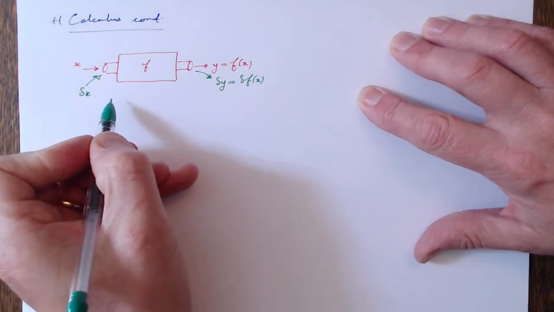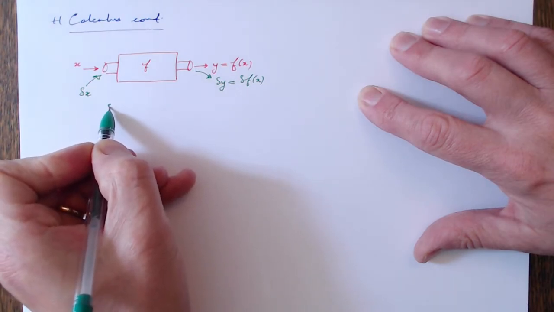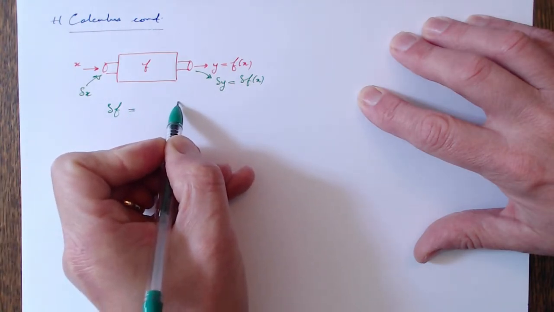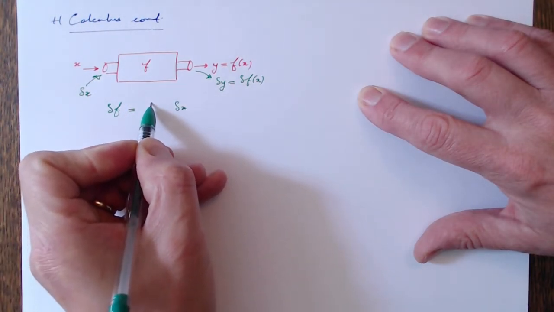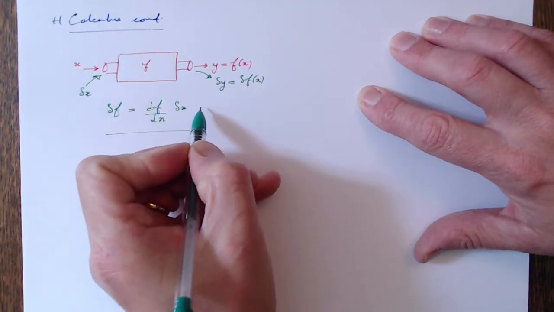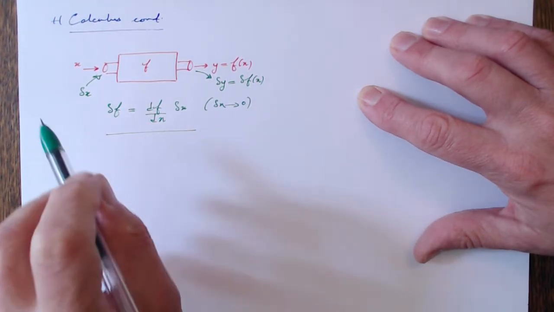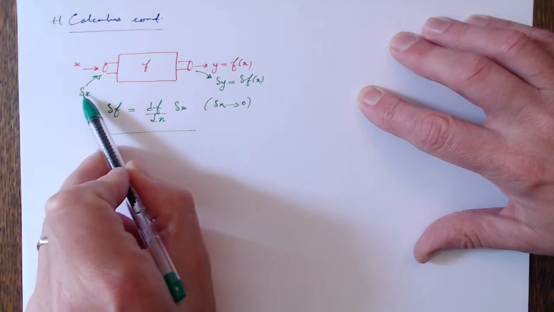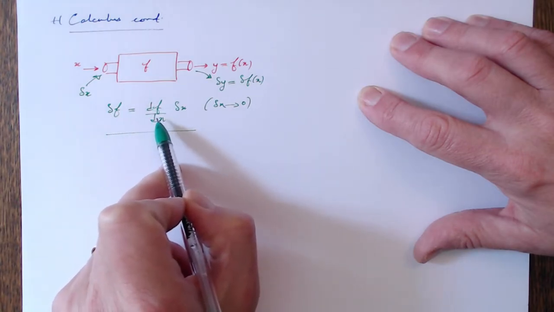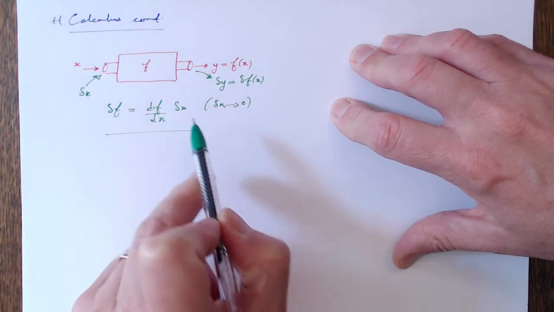And the fundamental statement of differential calculus is that the change in the output, delta f, is related to the change in the input, delta x, by the derivative. And this is strictly true as delta x goes to 0. So we make an arbitrarily small change in the input, we can see what kind of change we get in the output, and what relates those is the derivative of the function at the value of x about which we're making the change in the input.